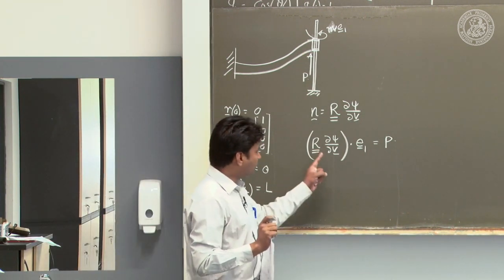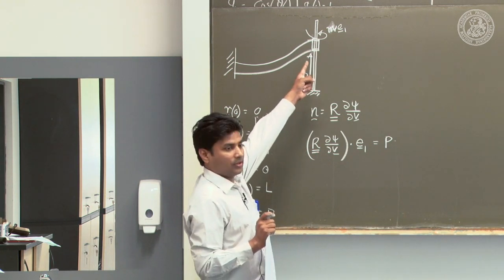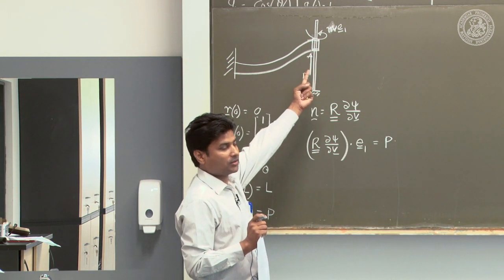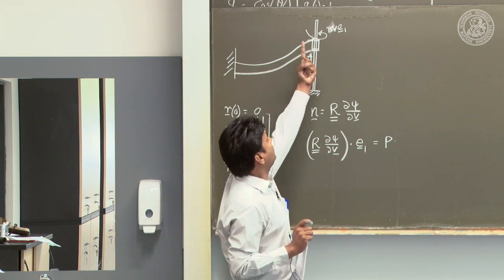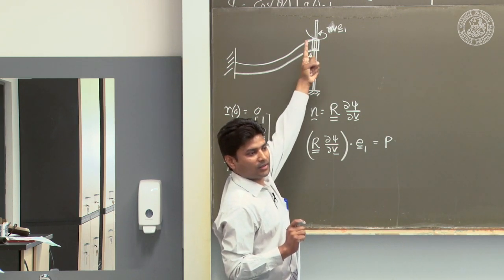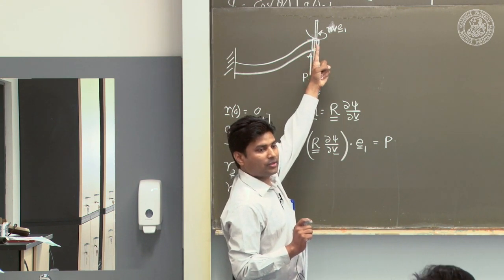You can even simplify this. What kind of rotation is happening there? Can you see? The rotations are such that it only rotates about E1 axis. So, think of the director D1. Where is the director D1?